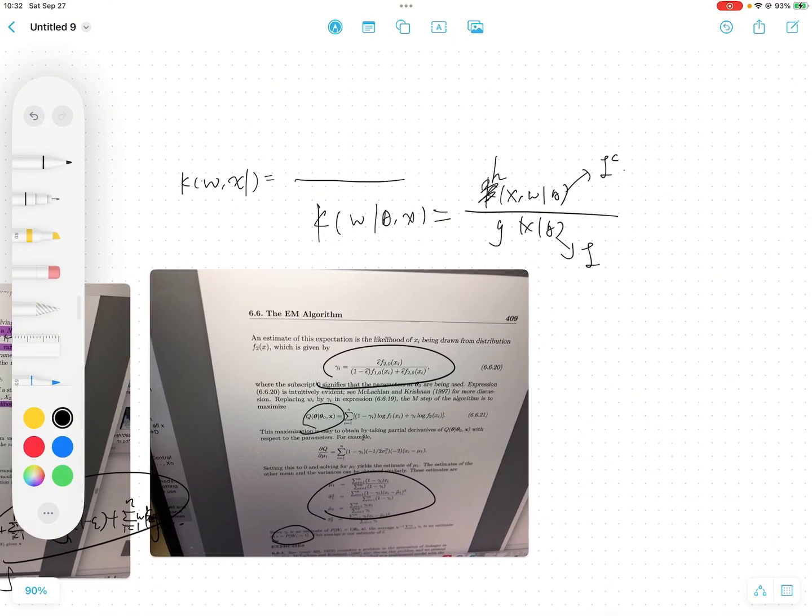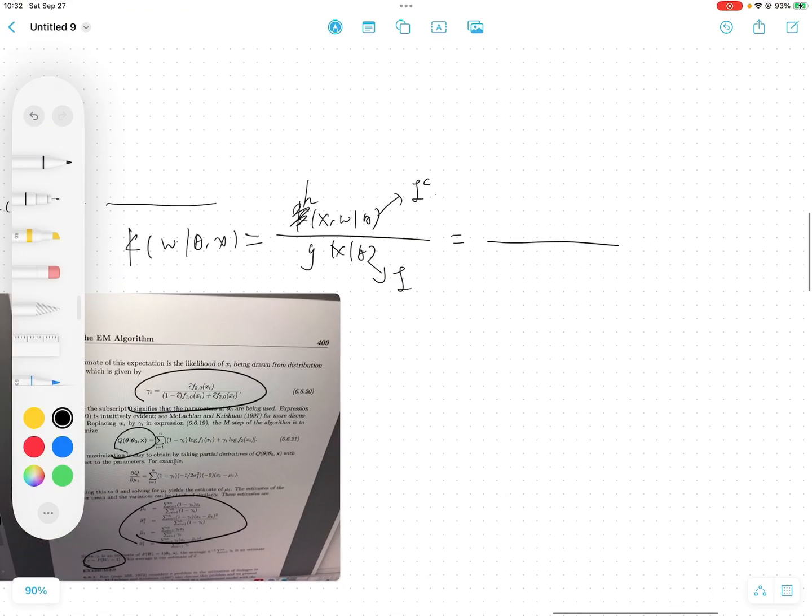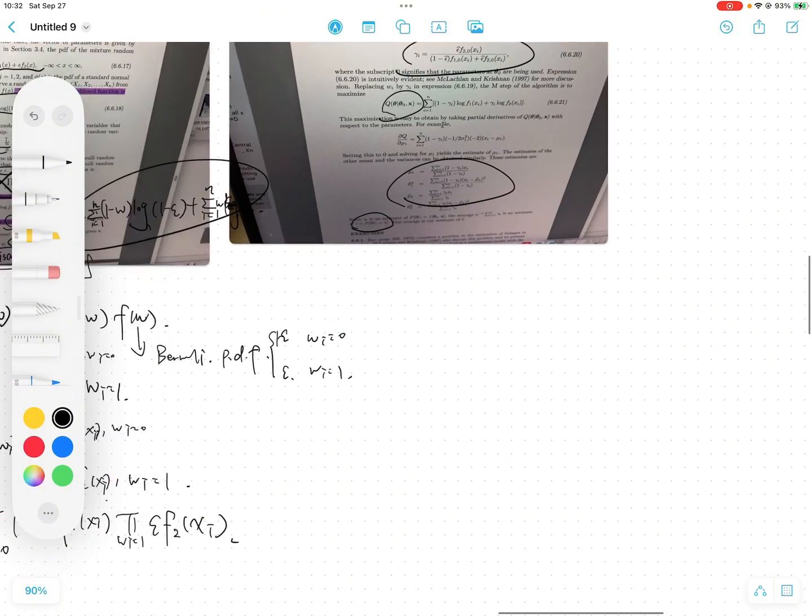And here wi equals 1, and this is what we write here.